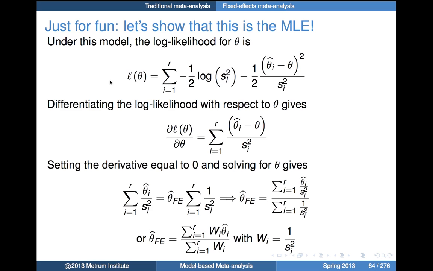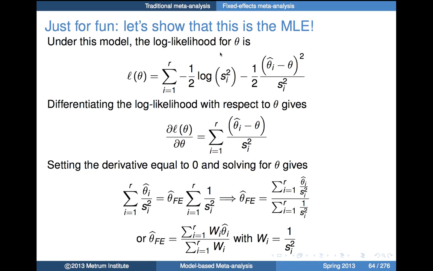So the log likelihood from a normal distribution here is the sum over the i studies of minus a half times the log of the variance, log of Si squared, minus 1/2 times theta hat i minus parameter theta, squared, over Si squared. To find the maximum of that log likelihood as a function of theta, we'll take the derivative with respect to theta.